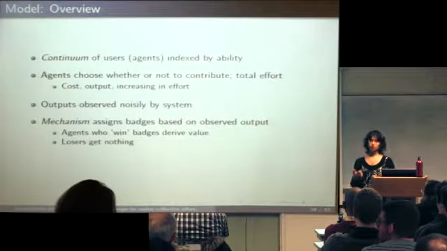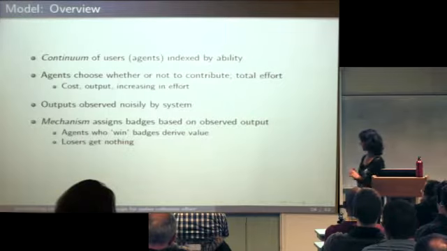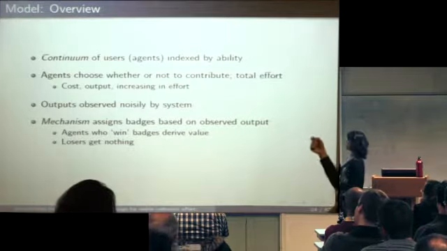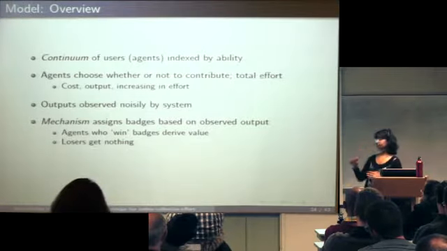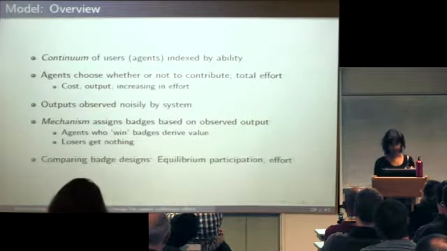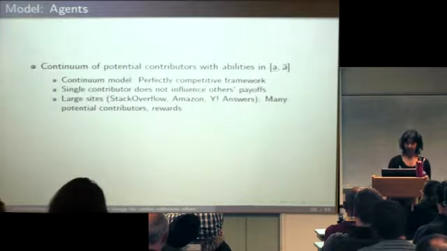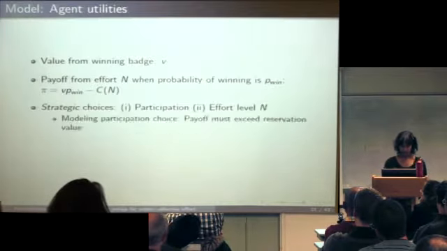I get user votes or something, but those are noisy evaluations of the quality of my output. They're not perfect evaluations. And the mechanism assigns badges based on observed output, and agents who win badges derive value and losers get nothing.